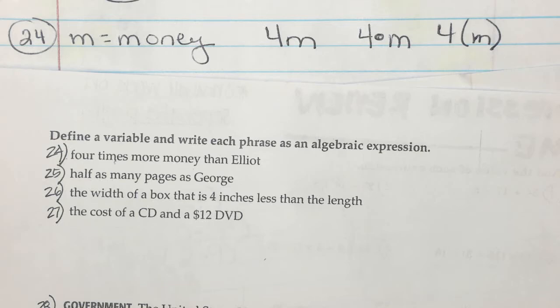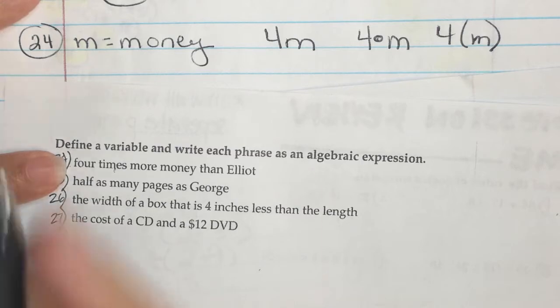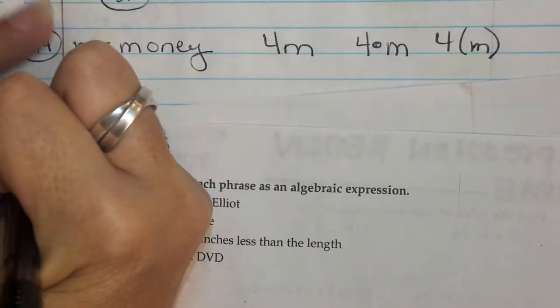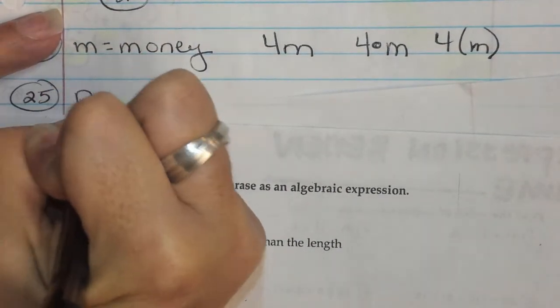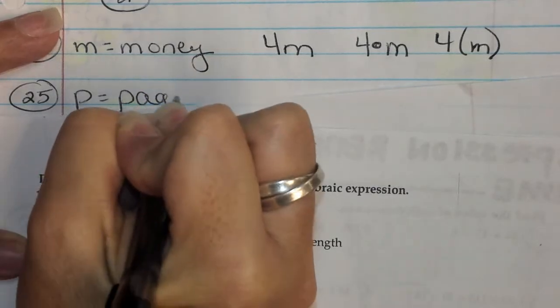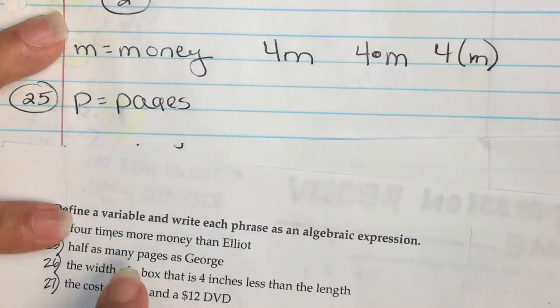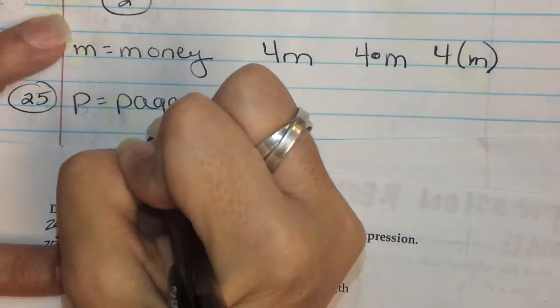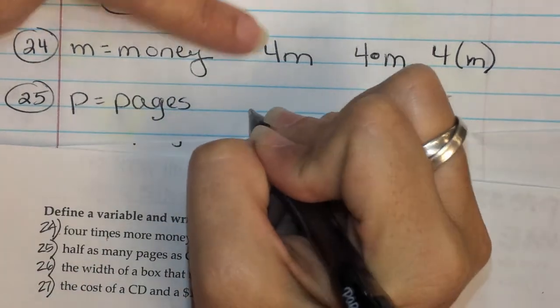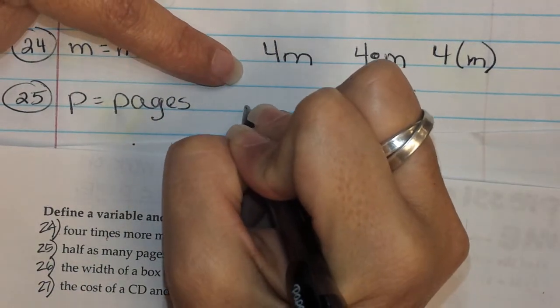25. Half as many pages as George. What is the part we don't know? The pages, right. And you can put P for pages, you can put G for George. I'll just usually put P for pages. And if it's half as many pages, you got a couple ways.